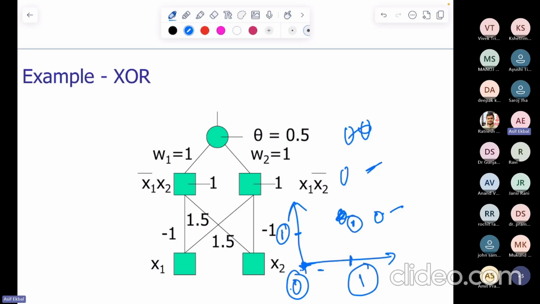You cannot do it, because whatever line you draw, there is overlapping, right? They end up on different sides.